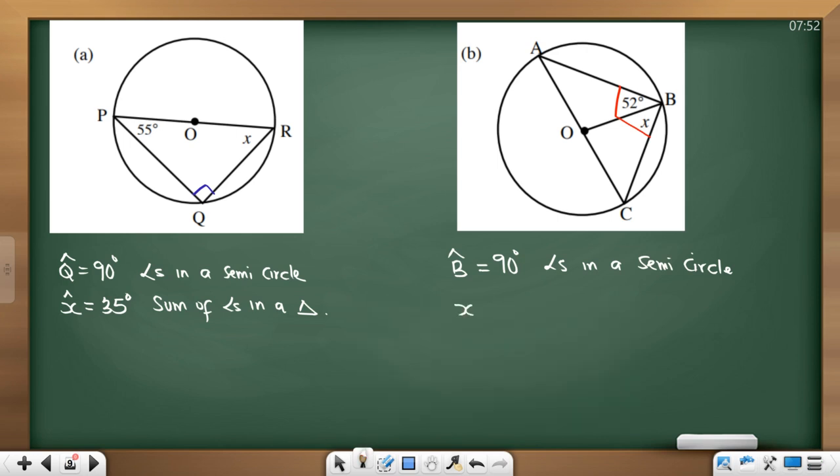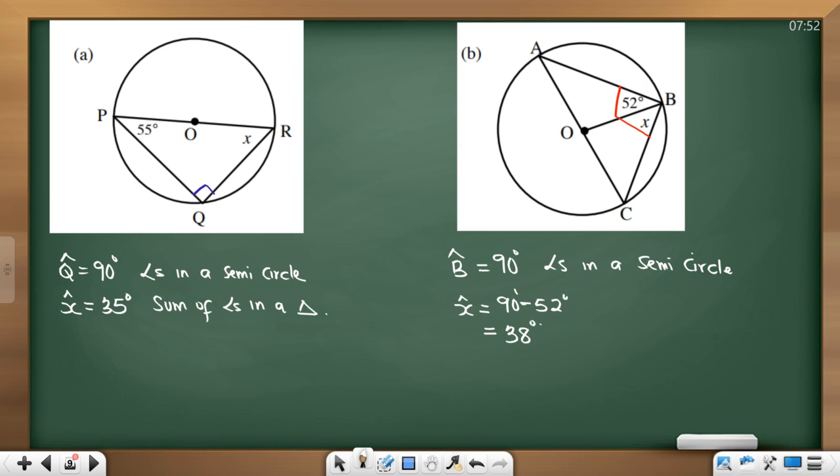So what is X? X would be 90 minus 52. Here there's no reason because we already said it's 90. And what is your answer? Am I right? 38 degrees. And we are done. Angle in a semicircle.